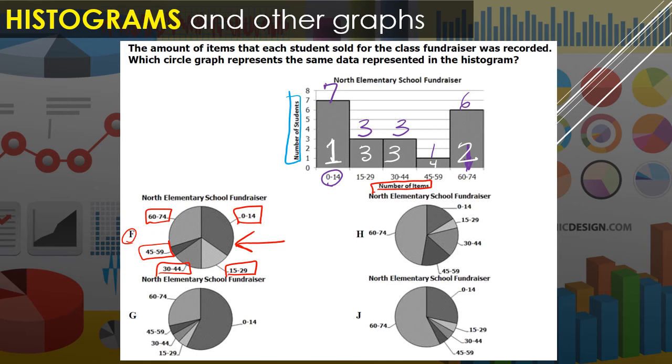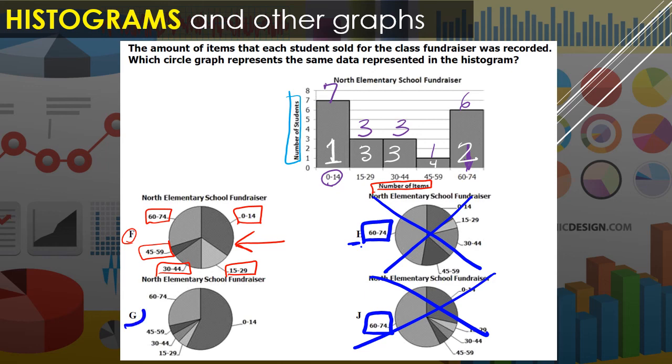So letter H, our biggest piece is 60 through 74. We know that should be the second biggest piece, so we can cross that one out immediately. We can look at J and do the same exact thing. We know that 60 through 74 should not be the biggest piece.